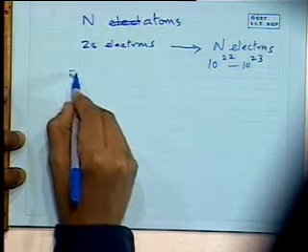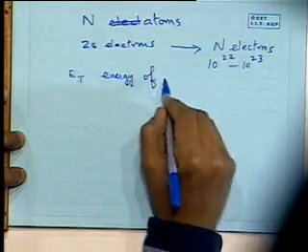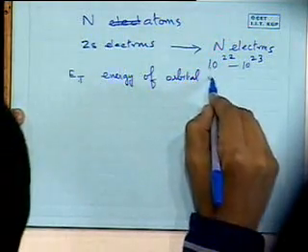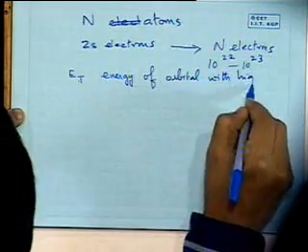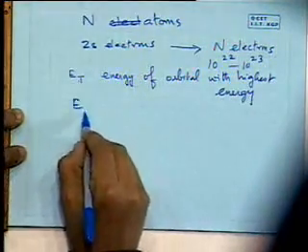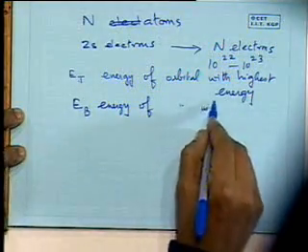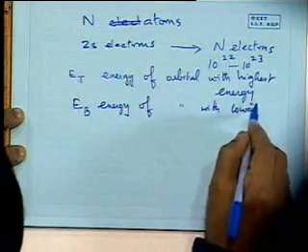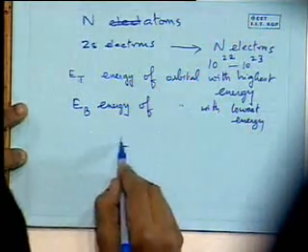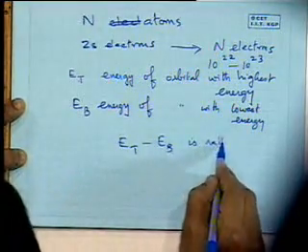If we write that ET is the energy of the orbital which has the highest energy, and EB is the energy of the orbital with the lowest energy. Effectively, what I said is that ET minus EB is rather small.